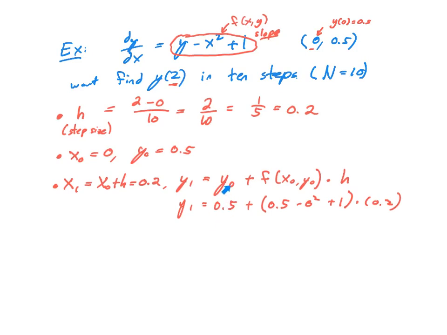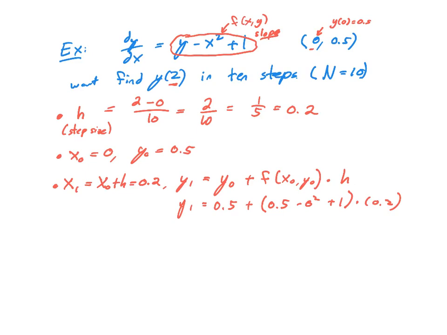The 0.5 is the y naught. So if I look at my function, my y naught is 0.5, my x naught squared comes from over here, and then plus 1 because that's part of the formula, and then my h, of course, is 0.2. And once I figure that value out, I'm typing this in.